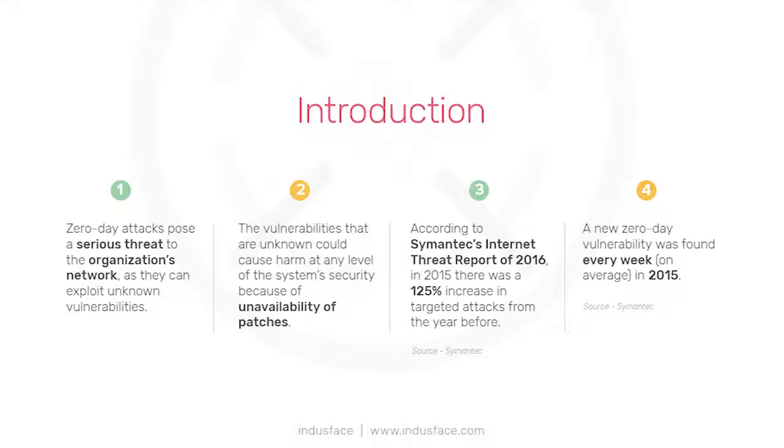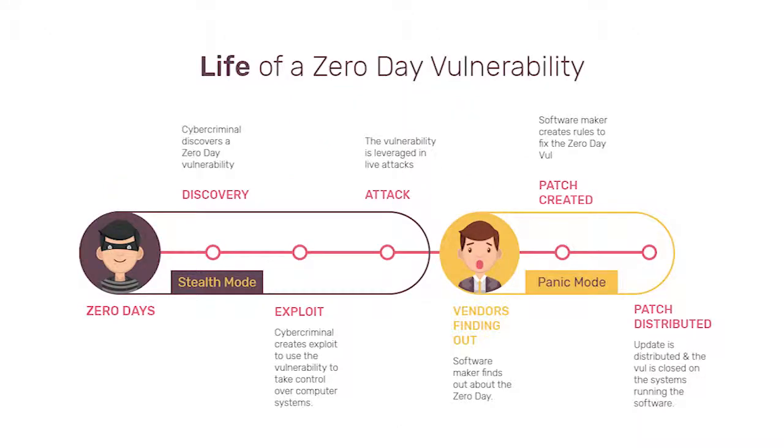So moving to the next slide, as you can see, we've got a timeline. So let's assume that a cyber criminal has a target business in mind and knows that the business's network is using a particular type of software, or maybe it offers a service via a web application to its customers.